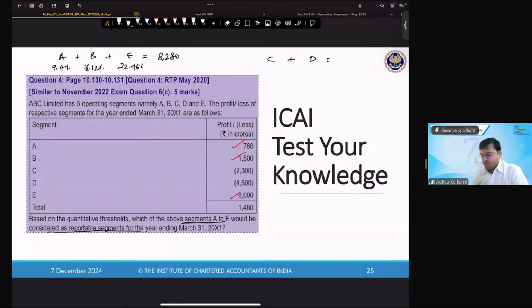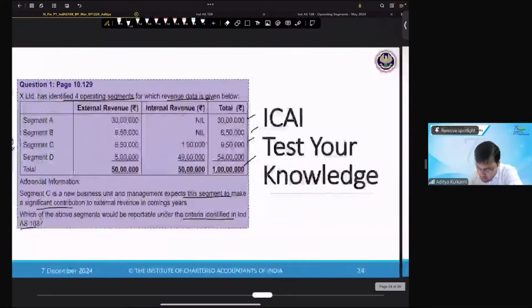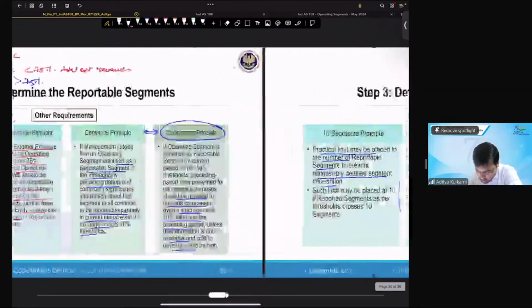C plus D, 2300, 4500, 6800. So now 2300 by 6000. Yes. Wait a minute. Let us see the conditions.